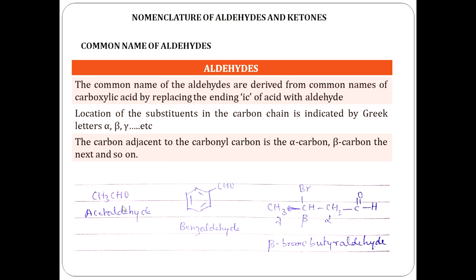If you consider an example of beta-bromobutyraldehyde, the bromo group is attached to the beta carbon atom. Therefore it is beta-bromobutyraldehyde.